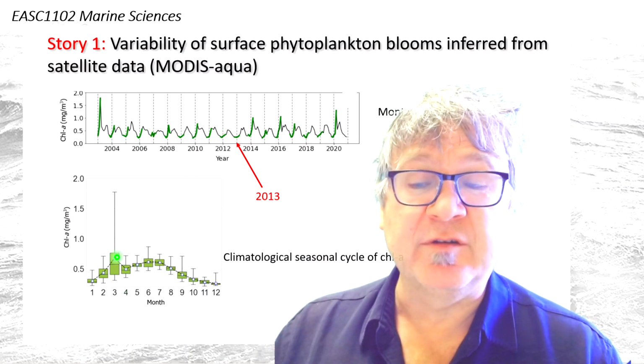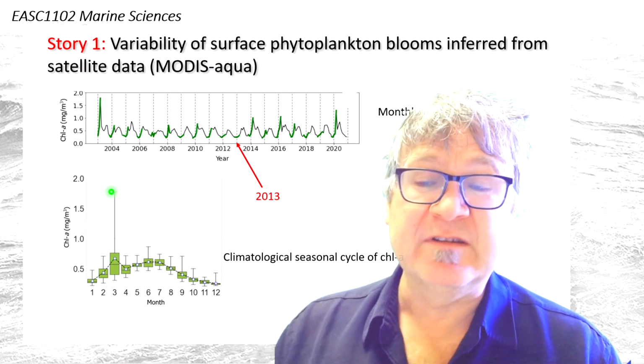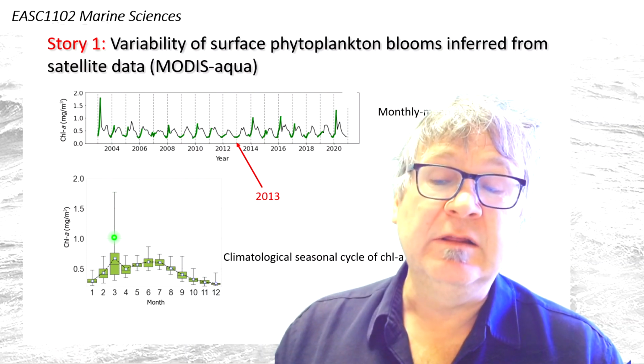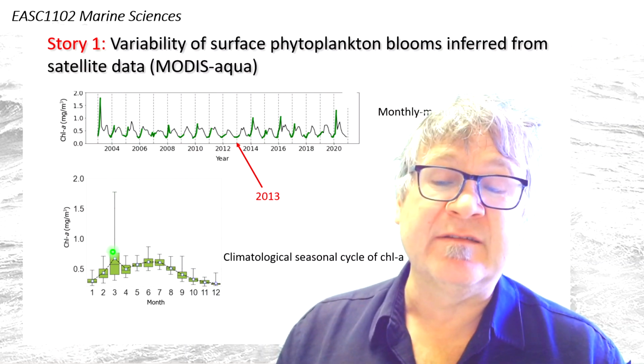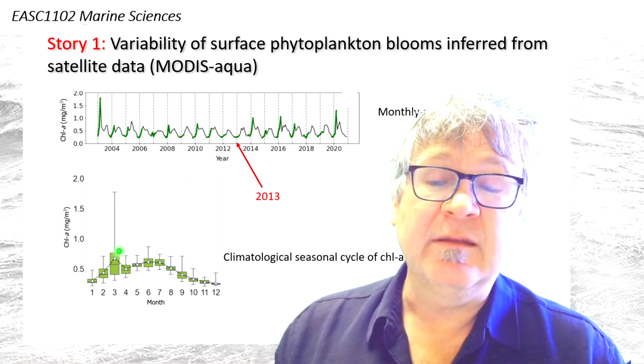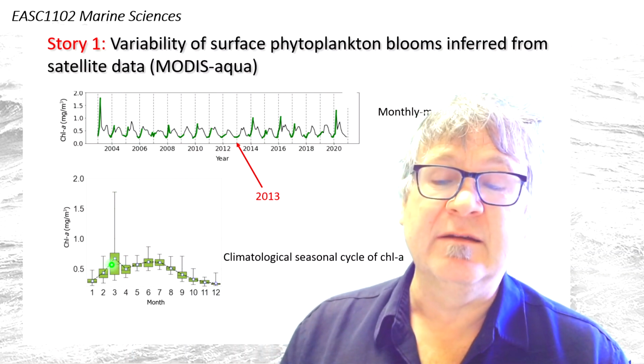The highest 25% of your data are shown at this whisker, which is the top whisker. The maximum value is the top line here, and the lower end of the 25% is the top of the box. Then the upper 50% of data goes to this line here, which is called the median.